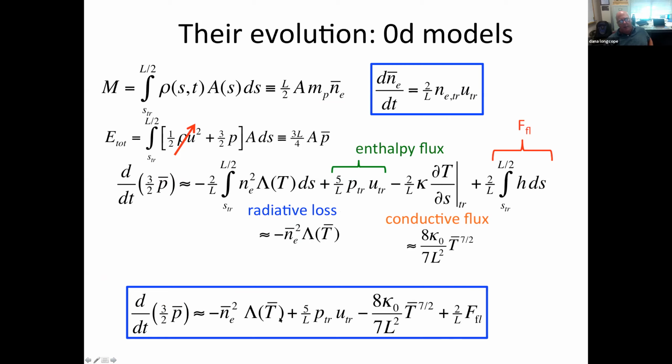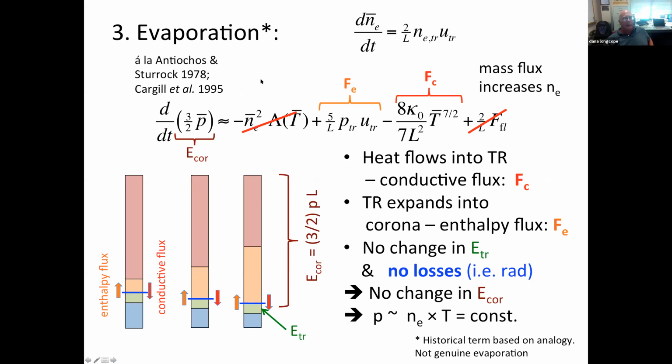And so if all the rest of these terms drop out, all it does is the pressure of the flare increases due to the heating. Okay, that's the first part of a flare that sort of comes before we solve any of this. The next part is evaporation.